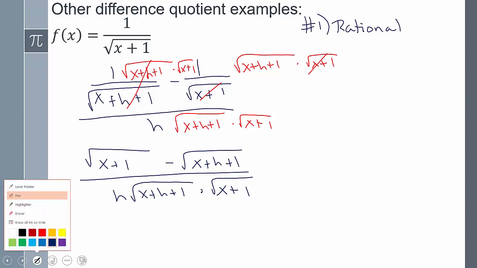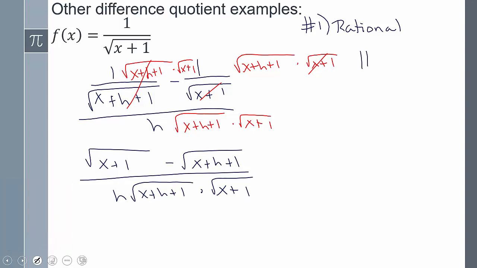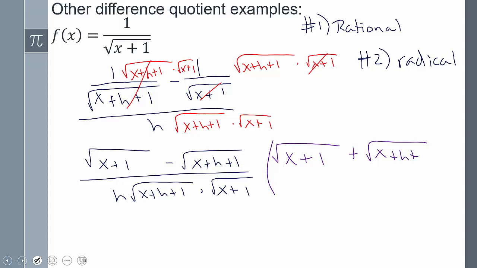Now if you notice, there's a square root in the numerator. And so the second thing that you're going to do is treat it like it's a radical equation, which means you're going to have to multiply by the conjugate: the square root of x plus 1 plus the square root of x plus h plus 1.